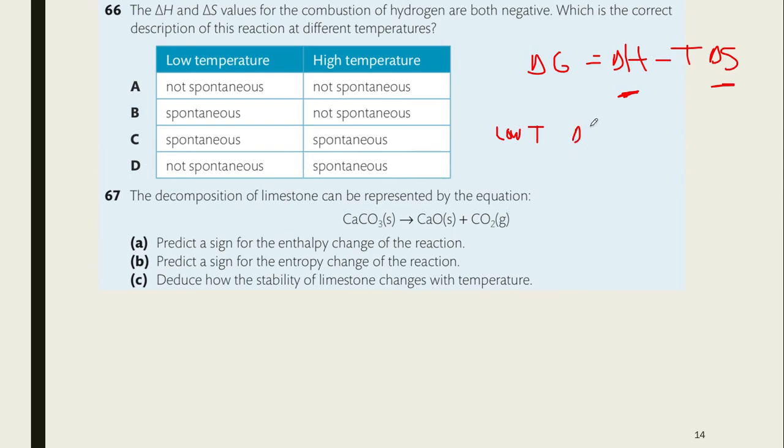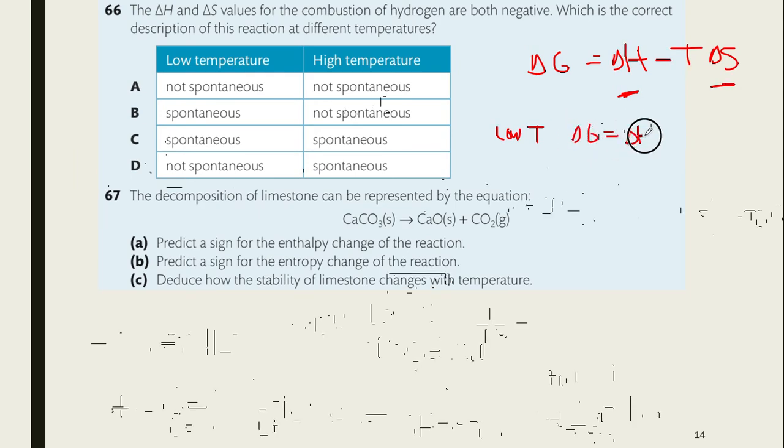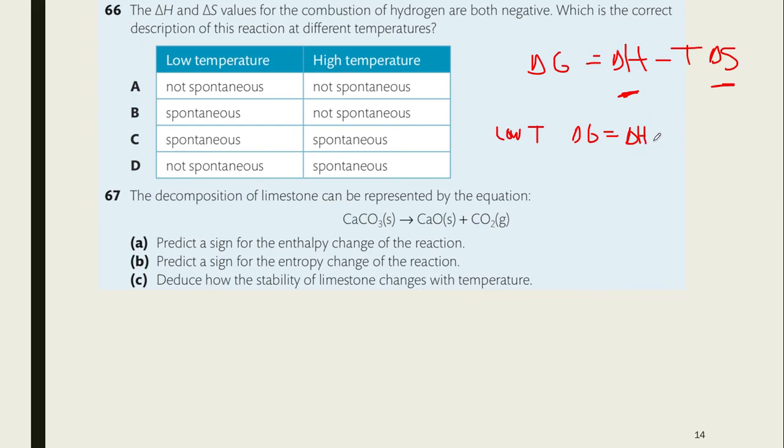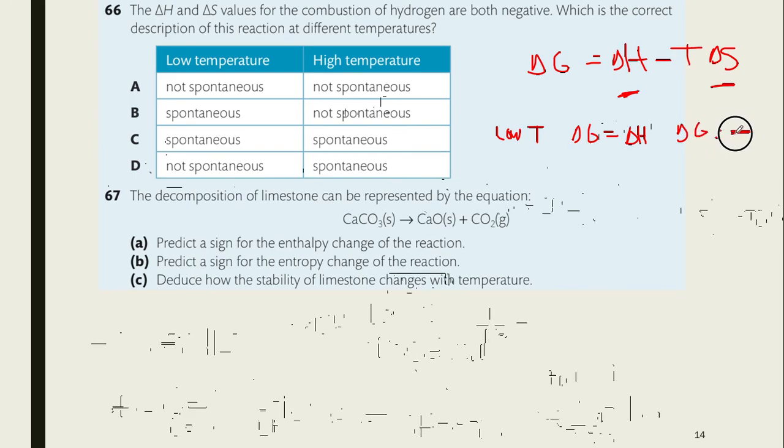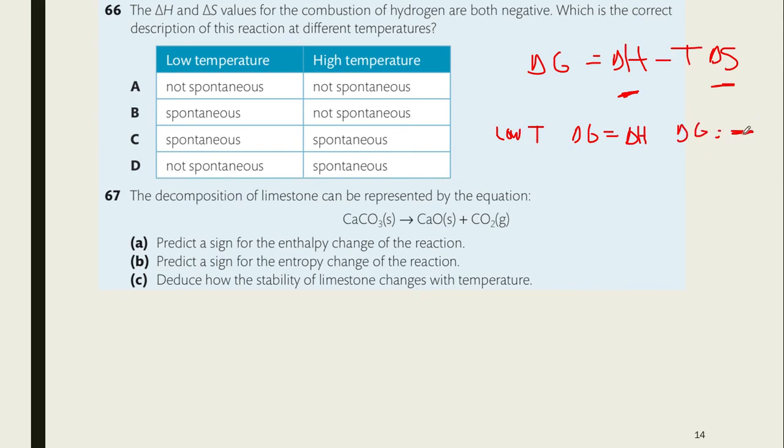At low temperature, delta G equals delta H. So if delta H is negative, then delta G is going to be negative. And if delta G is negative, that means we have a spontaneous reaction. So at low temperature, it's spontaneous. So we have two options left.